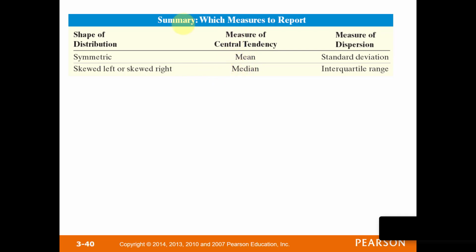And anytime we switch from the mean to the median, then we switch from standard deviation to interquartile range to measure dispersion. The mean and the standard deviation are preferred methods for center and spread, but if we have skewed data, that skewedness distorts the value of the mean and standard deviation because they're not resistant, and we switch over to the median and interquartile range.